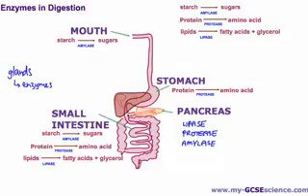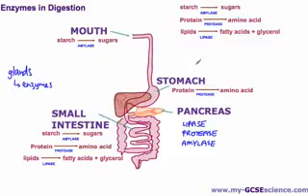You can see there's a tube and it empties these enzymes into the small intestine in order to help with the digestion. So basically we have the mouth, which just does starch into sugars with amylase, the stomach that just does protein into amino acids with protease, the pancreas produces all three, and the small intestine produces all three. That should make it slightly simpler to understand.